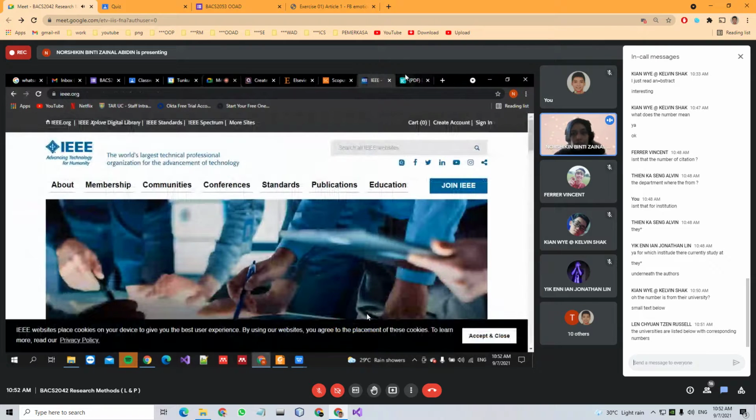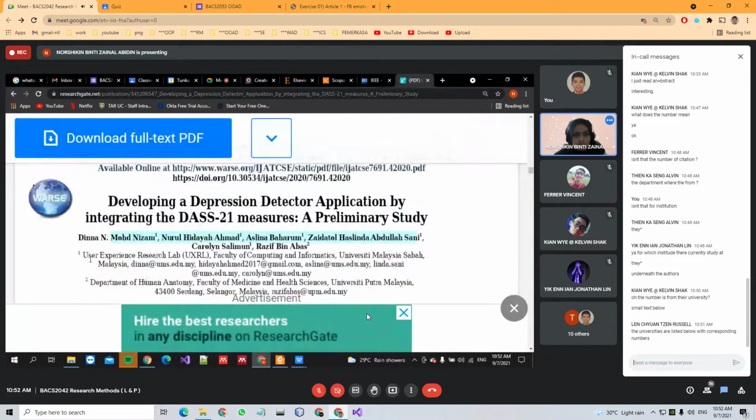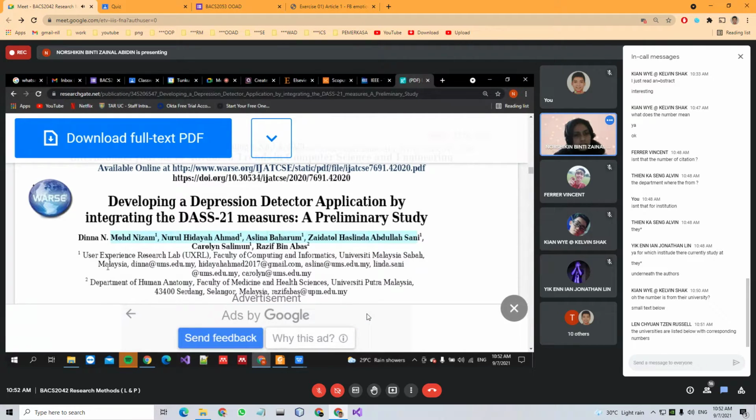Some papers directly write the university after the name, but some papers just separate them. Usually that's how it is. Sometimes they also include the email address in case people want to email them regarding their paper.